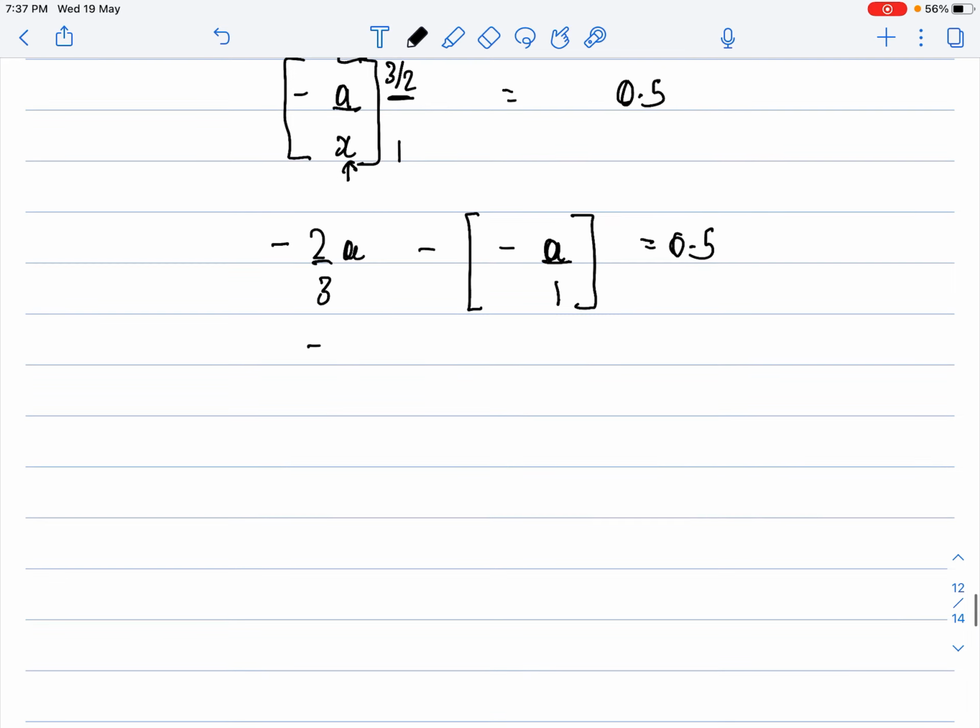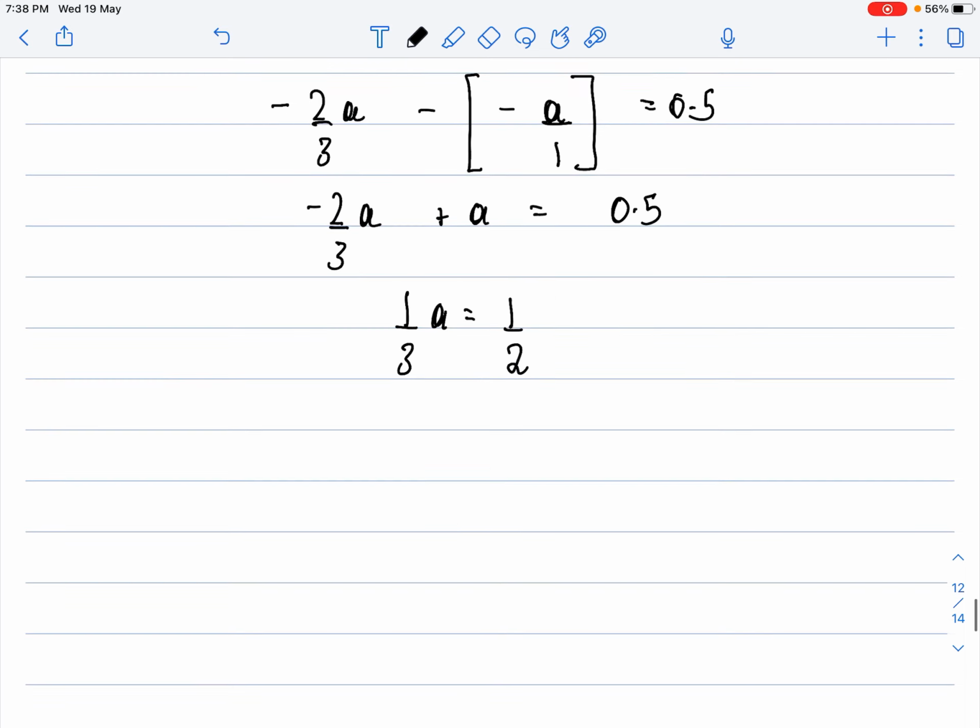So I can write this as minus 2 over 3 a plus a is equal to 0.5. So I can now remove my calculator and simply do 1 minus 2 over 3, which is 1 over 3. So I'll get 1 over 3 a equals half, correct? So my a I'll get as 3 over 2 basically.